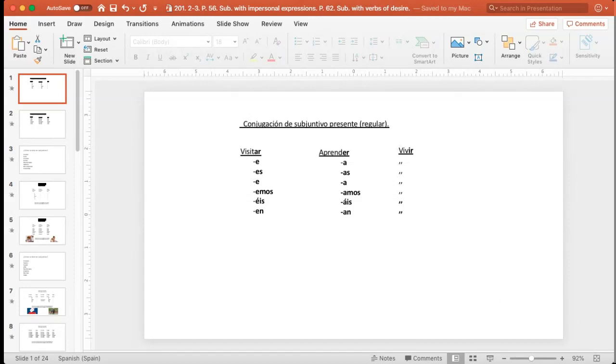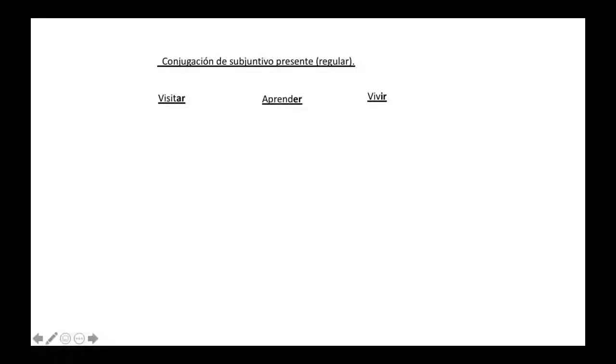And you see this conjugation in subjunctive. For example, visitar: visite, visites, visite, visitemos, visitéis, visiten. Aprender: aprenda, aprendas, aprenda, aprendamos, aprendáis, aprendan.